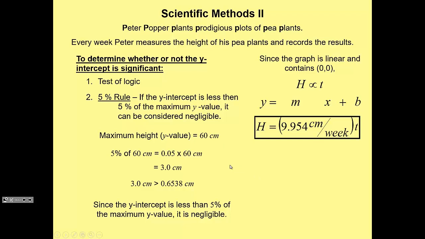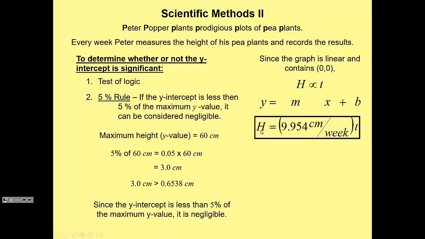But once we have the math model, the beauty of this is that it allows us to make predictions. We can now put in any time we want. How tall do we think it was after a week and a half? Plug in a week and a half and multiply, and you get the height, right? That'll be a kind of an average value. We can go the other way, right?